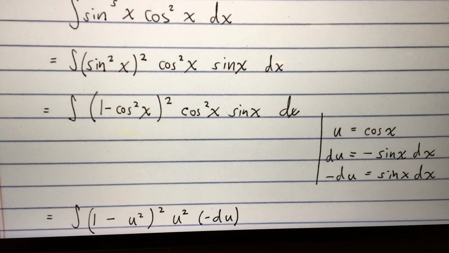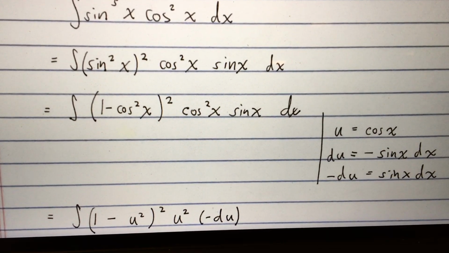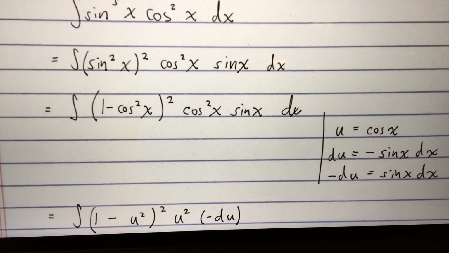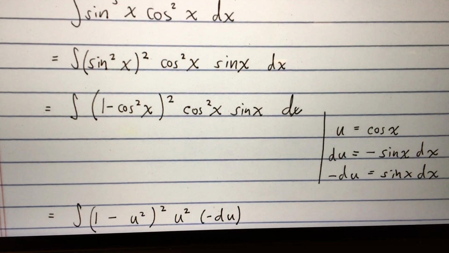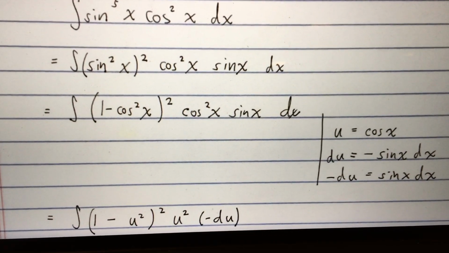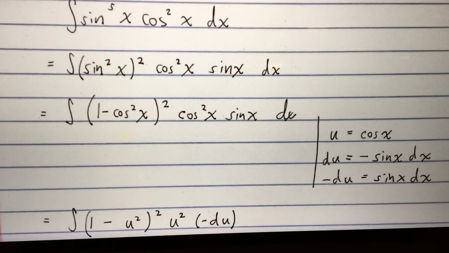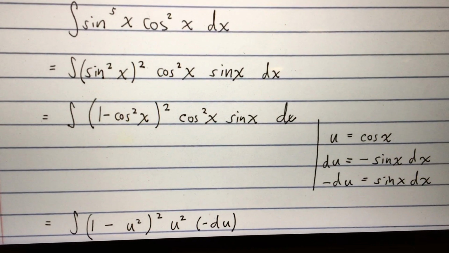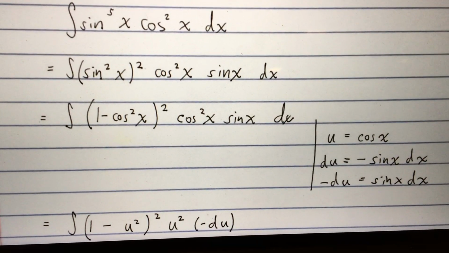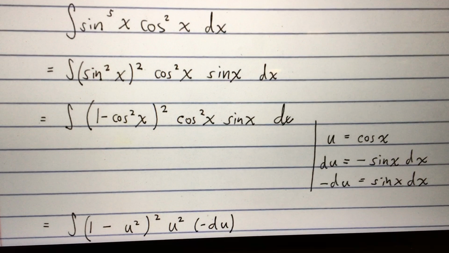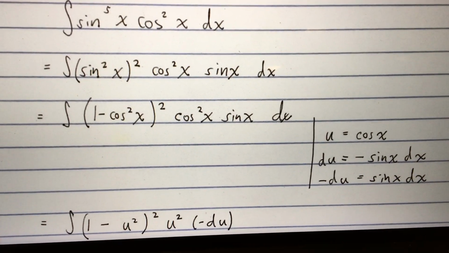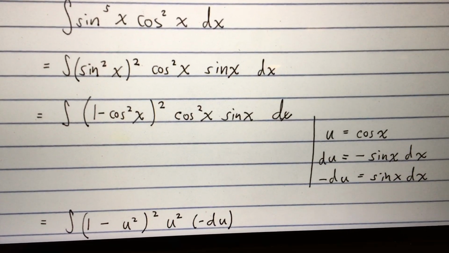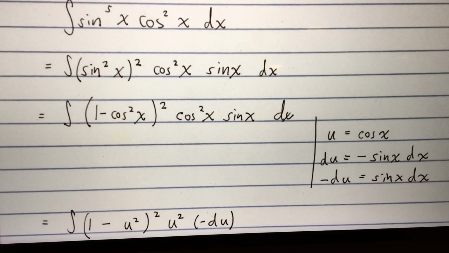I can put in a u for every single cosine, so I have (1 minus u squared) squared, I have u squared, and then I have that last sine of x dx, which is just going to be a negative du from the substitution. So this worked because I had an odd power of sines. When I had an odd power of sines, I made u equal cosine, and that let me replace all the cosines with u's, and I have that one last sine that became the du.